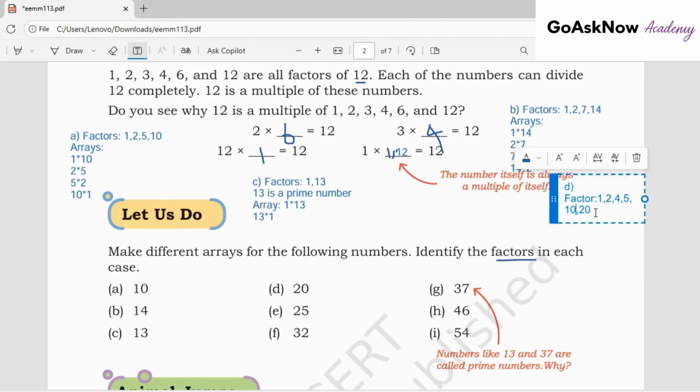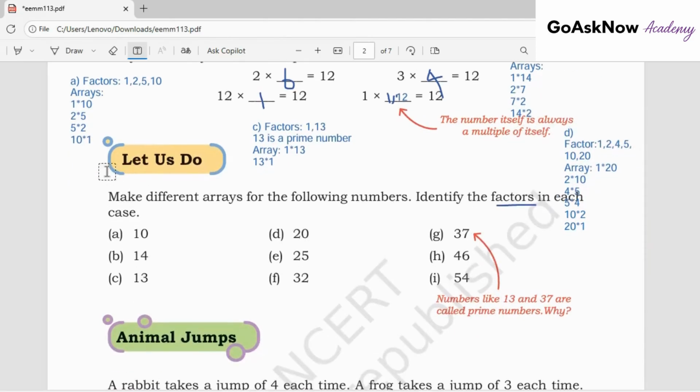The arrays are 1 into 20, 2 into 10, 4 into 5, 5 into 4, 10 into 2, 20 into 1.